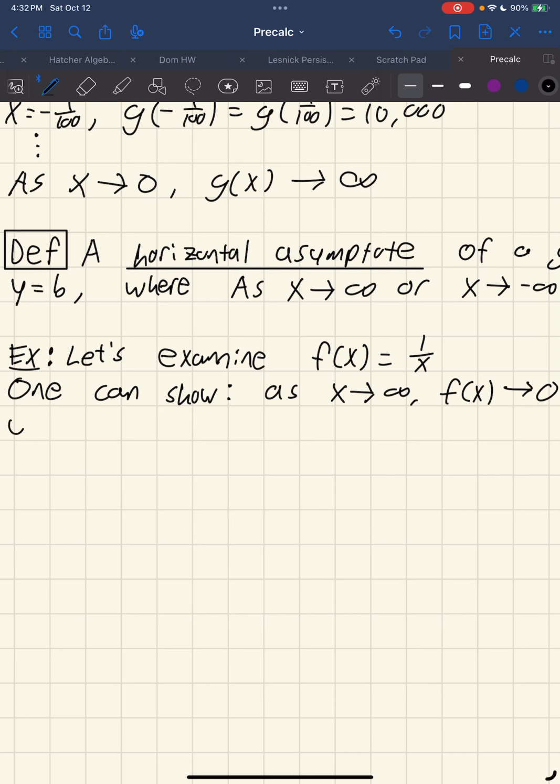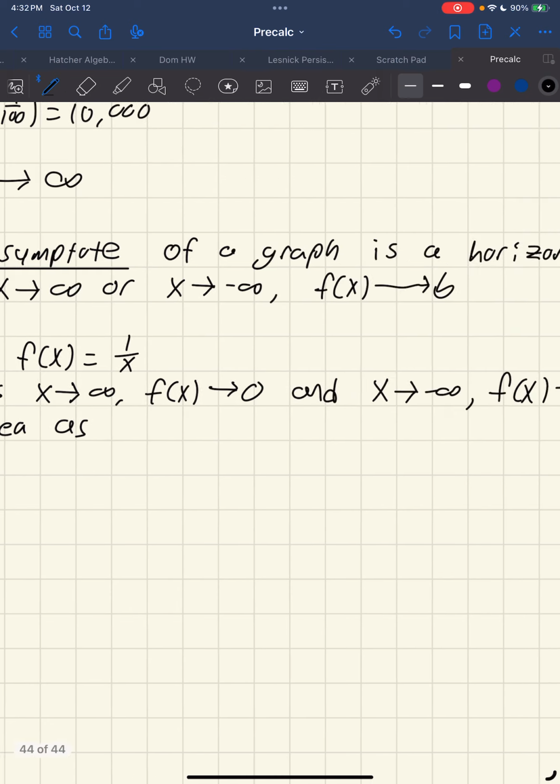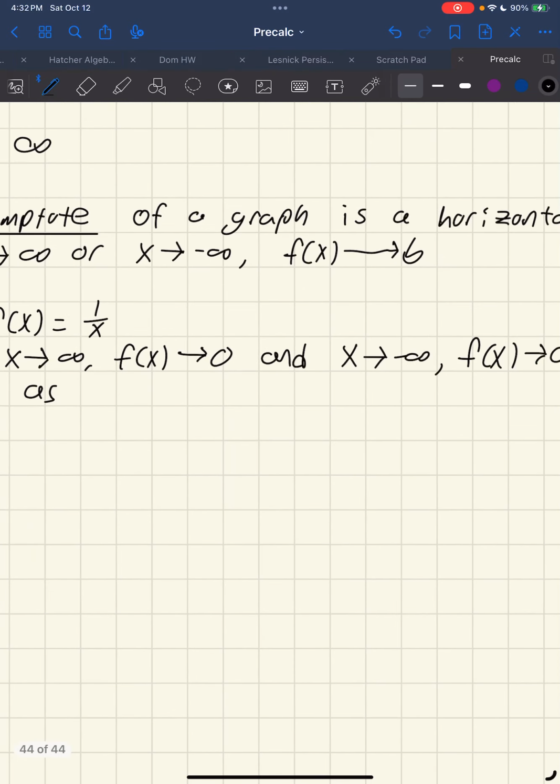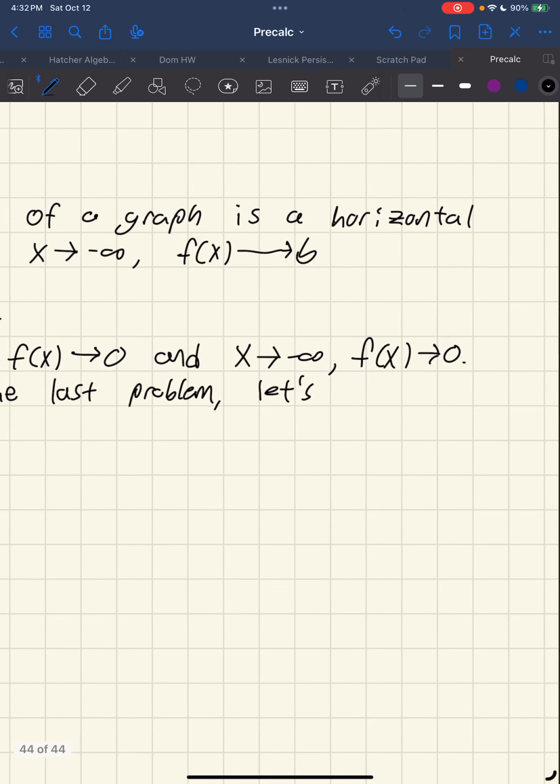What I would much rather do is, under the same idea as the last problem, let's see what happens as x gets closer and closer to 0.